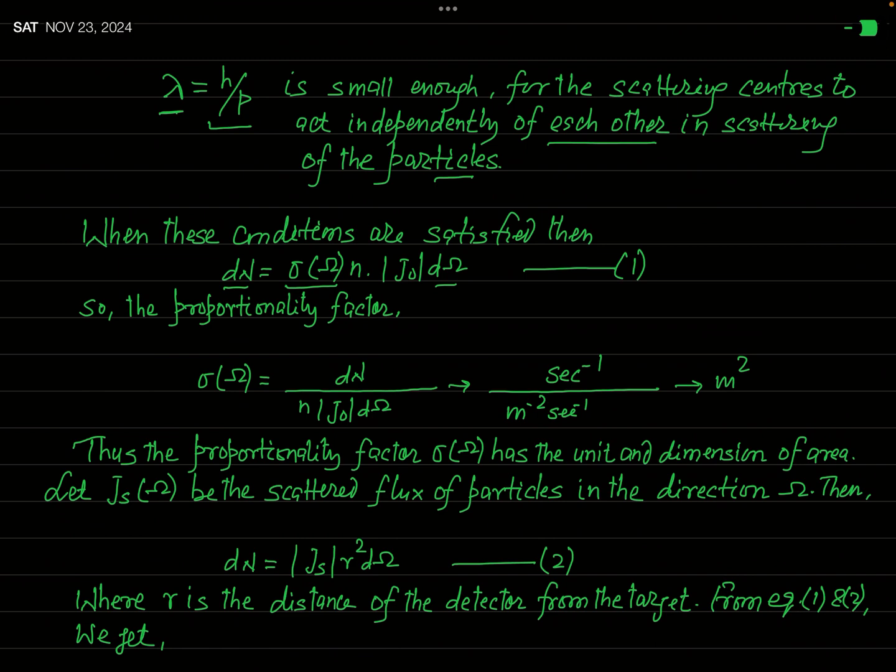Now this sigma of omega, you will see, has the units and dimensions of area. How can you say that its units and dimension will be that of area? You can see sigma of omega will be equal to, from this equation 1, dn divided by n times mod of J naught times d omega. Dn is just the number of scattered particles per second.